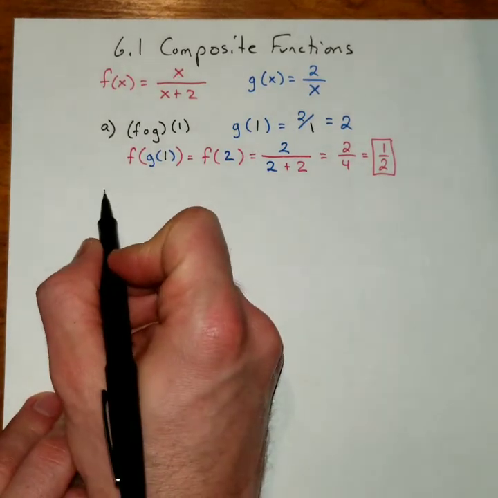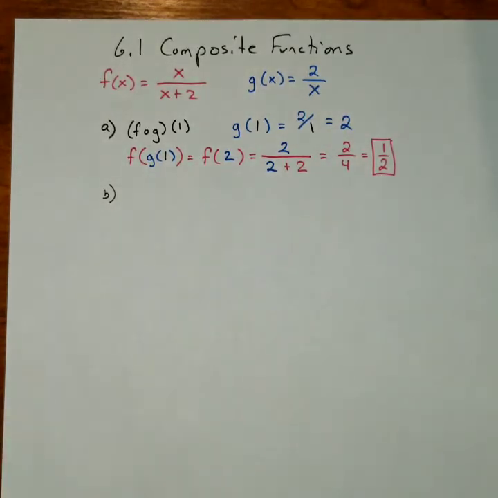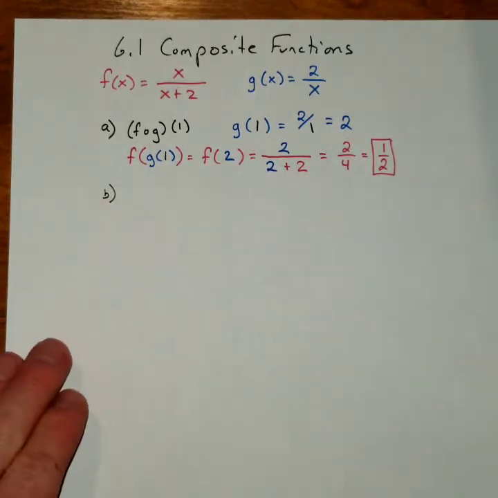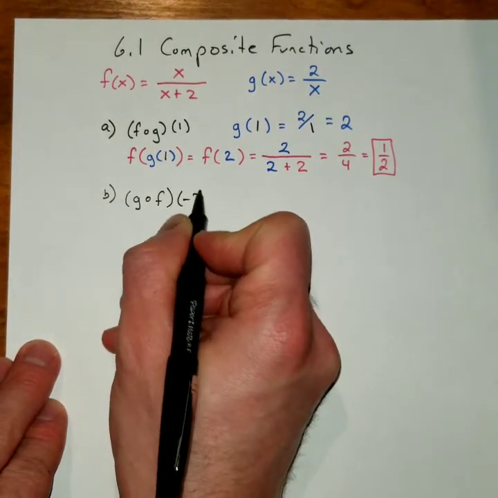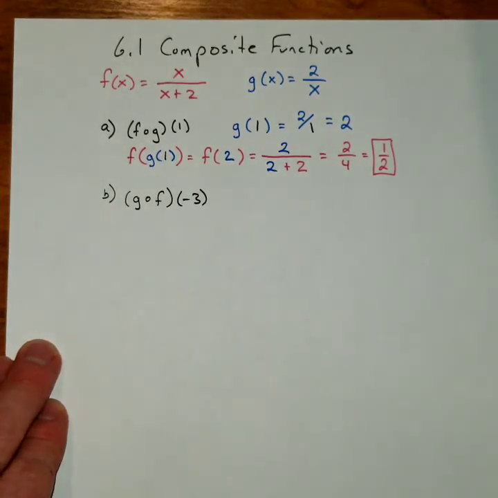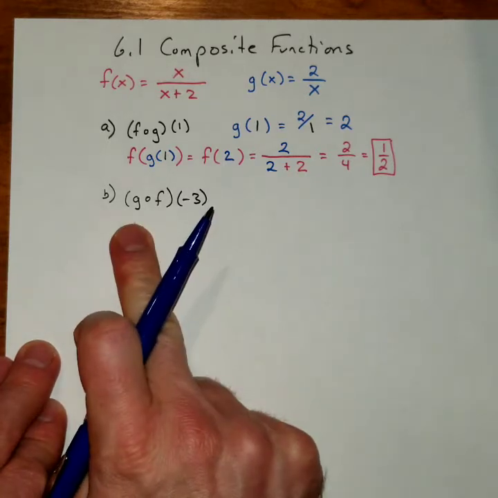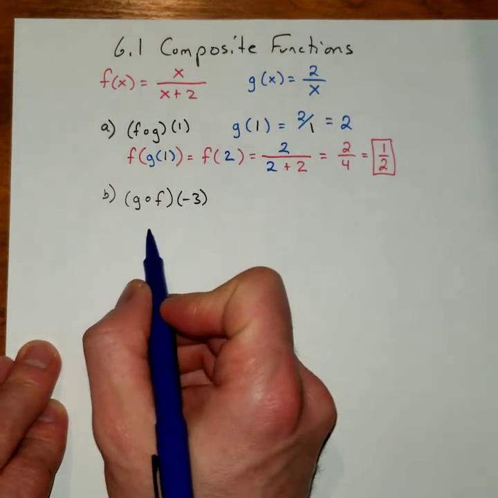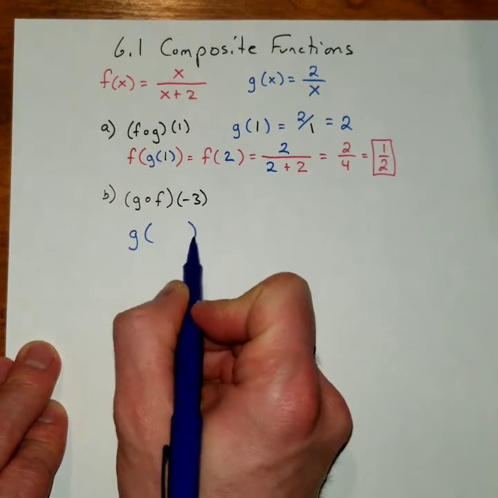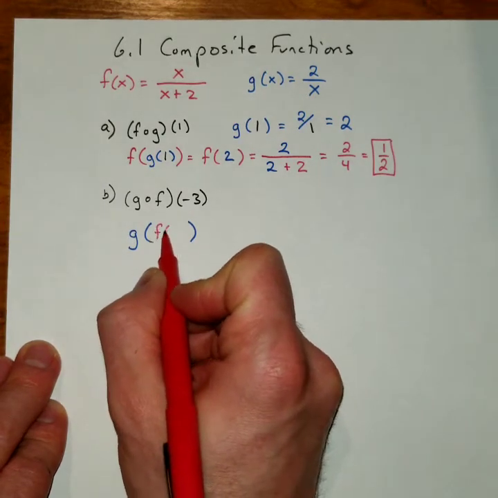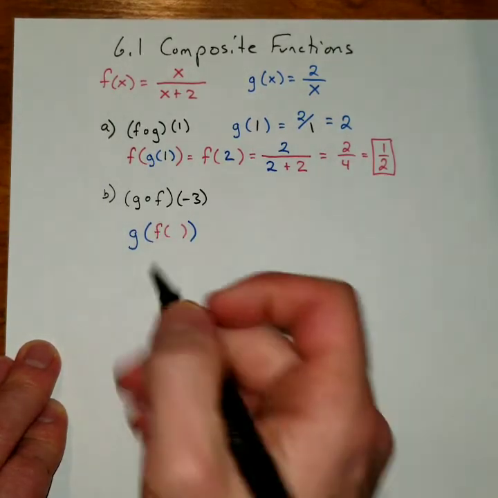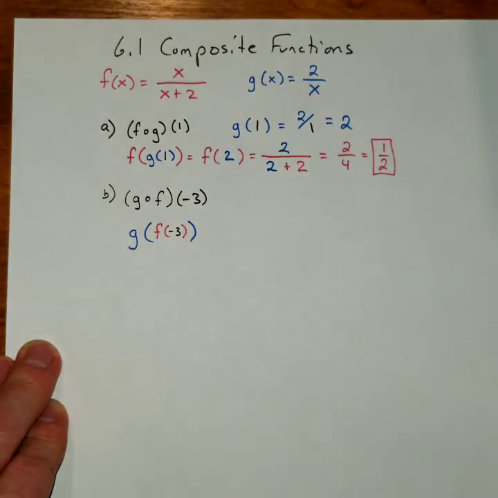Okay. Next example, let's run through g of f of negative 3. And again, we'll take a similar approach to this, where the g function now is the outer function, g of, and then the f is the inner function, so f of, and negative 3 is our input, g of f of negative 3.